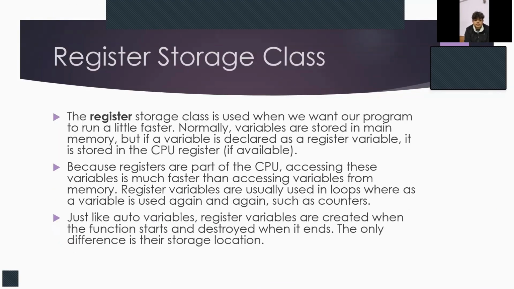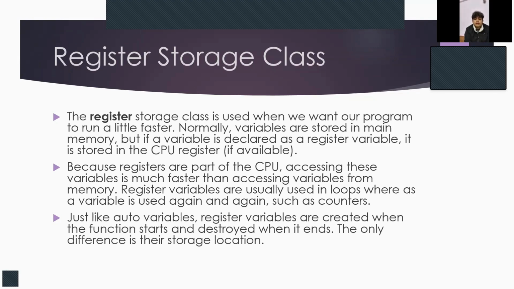Register storage class. The register storage class is used when we want our program to run a little faster. Normally, variables are stored in the main memory, but if a variable is declared as a register variable, it is stored in the CPU register, if available, of course.